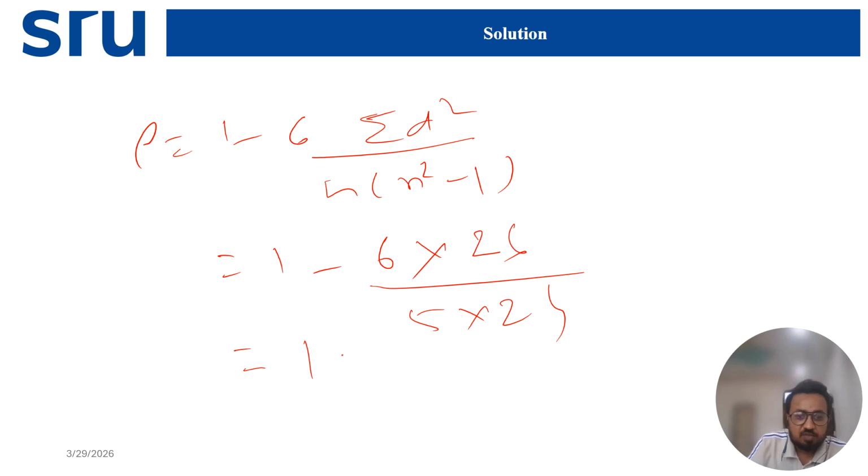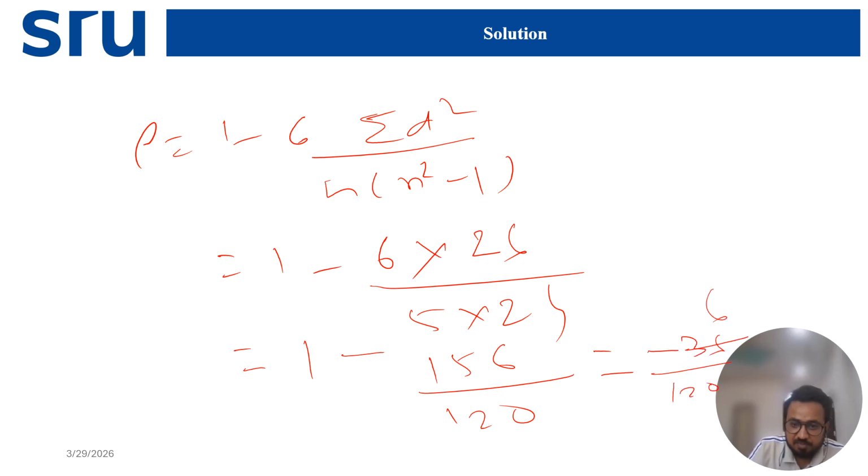This is 1 minus 156 by 120, which is 120 minus 156, that is minus 36 by 120. Simplifying, that is minus 0.3.